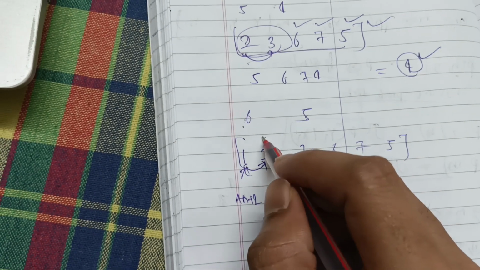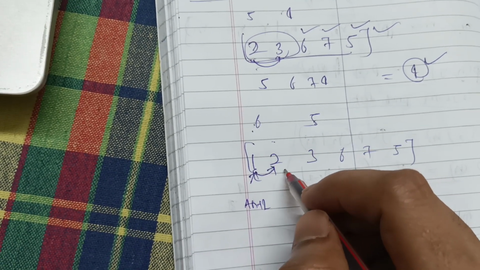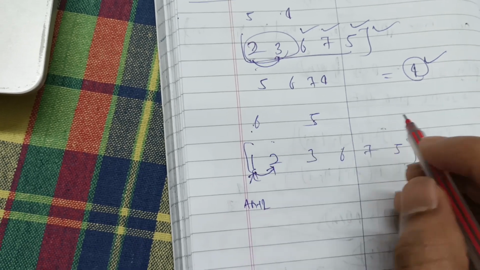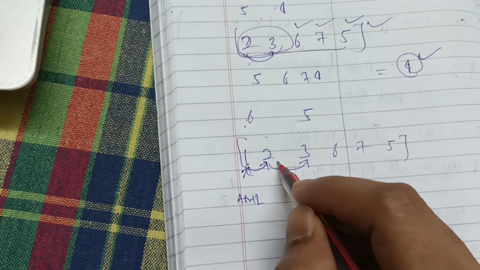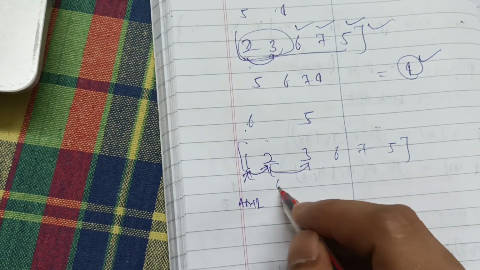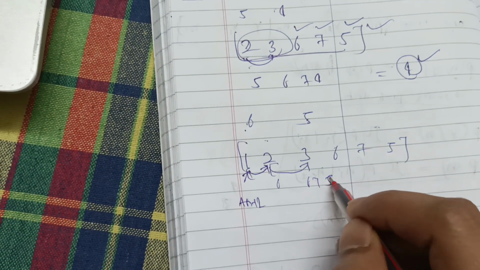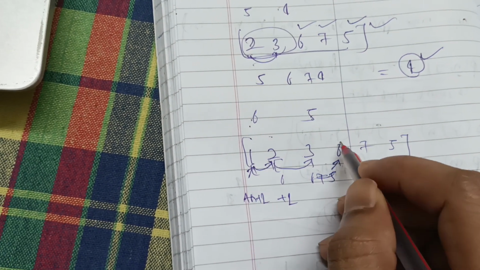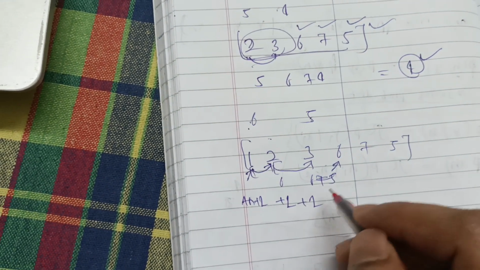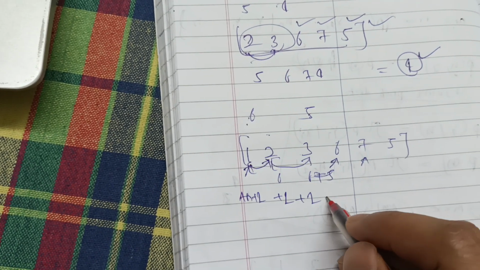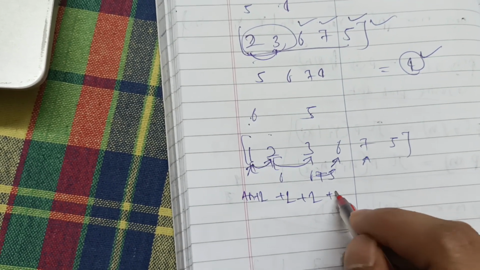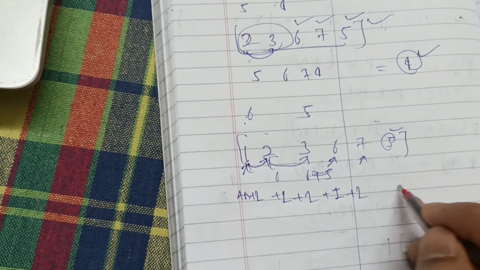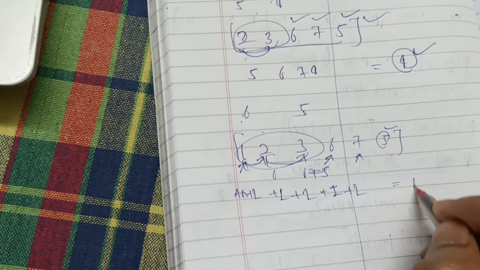Here this gives 3, but 3 is also not more than 5. So then we can combine 1, 2, 3, which gives 6, which is more than 5. So the answer is plus 1. But in this case it is already 6, so plus 1. In this case also it is already more than 5, so it is plus 1. In this case also plus 1. In this case the answer is 4.